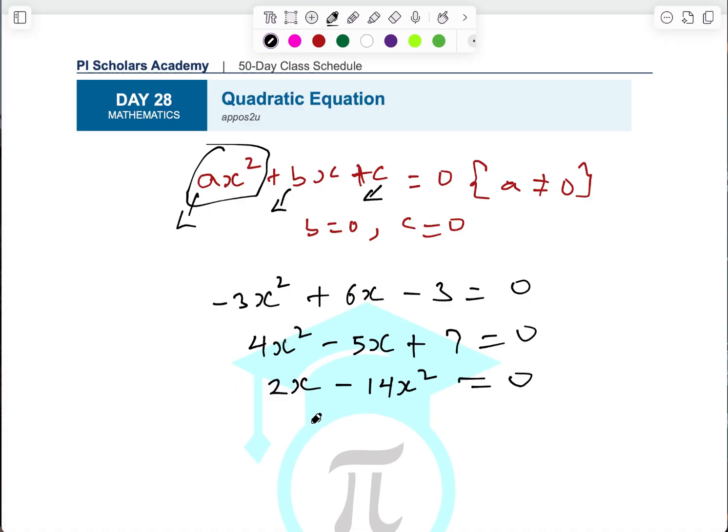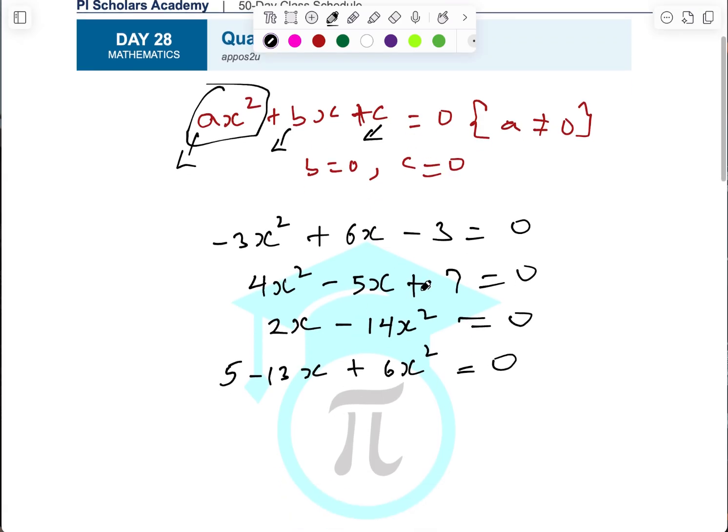And finally, let me give one more: 5 minus 13x plus 6x squared equals 0. Or I could also have something like this: 2x squared minus 6 equals 0.